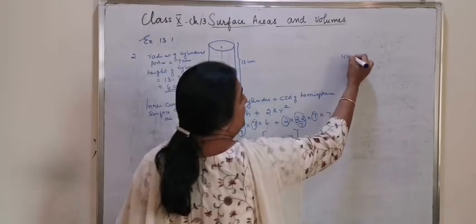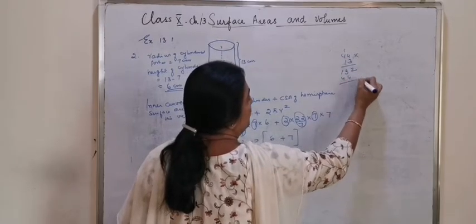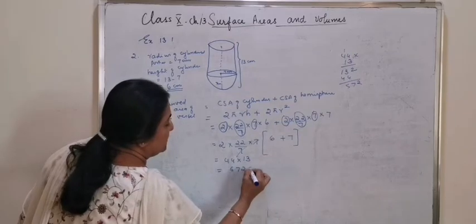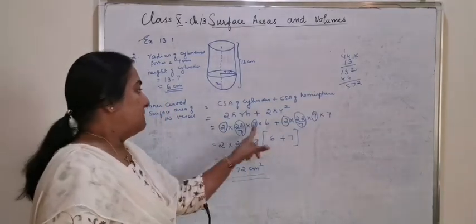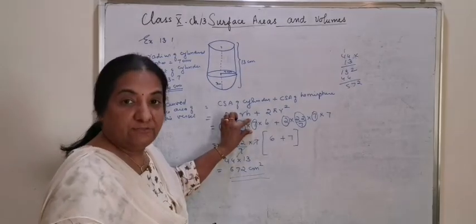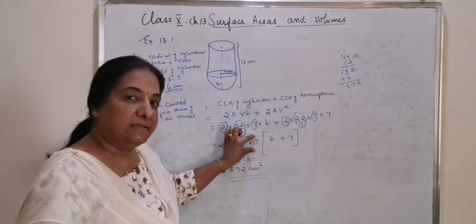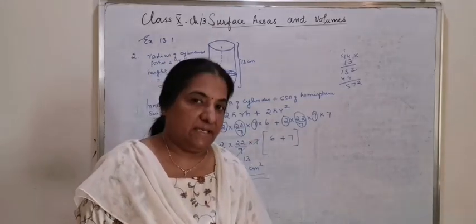That is 44 into 13. 4 3s are 12, 13, 4. It is 572 centimeter square. Instead of calculating separately under the formulas, it is always better to take the common factor and then simplify after taking the common factors outside.